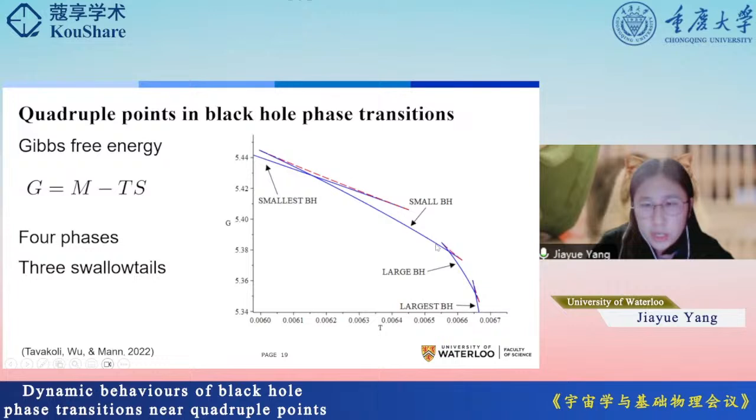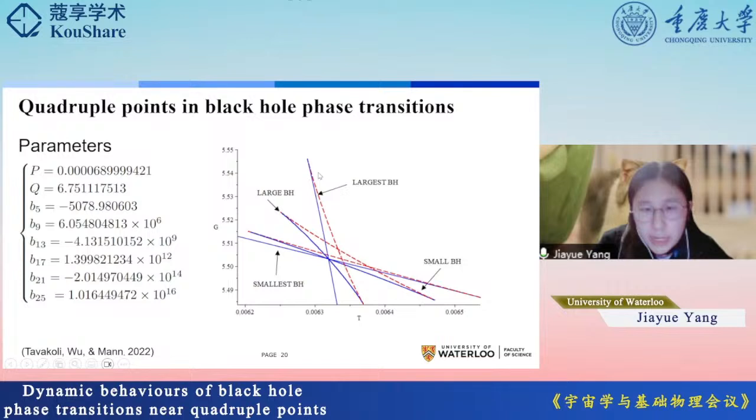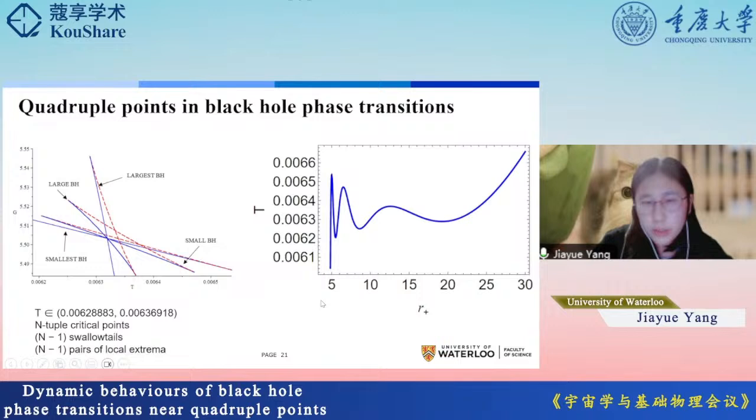So as we can see, in this Gibbs free energy diagram with these specific parameters, if we just focus on a specific temperature, for example, a temperature here, one temperature can correspond to 4 blue lines.